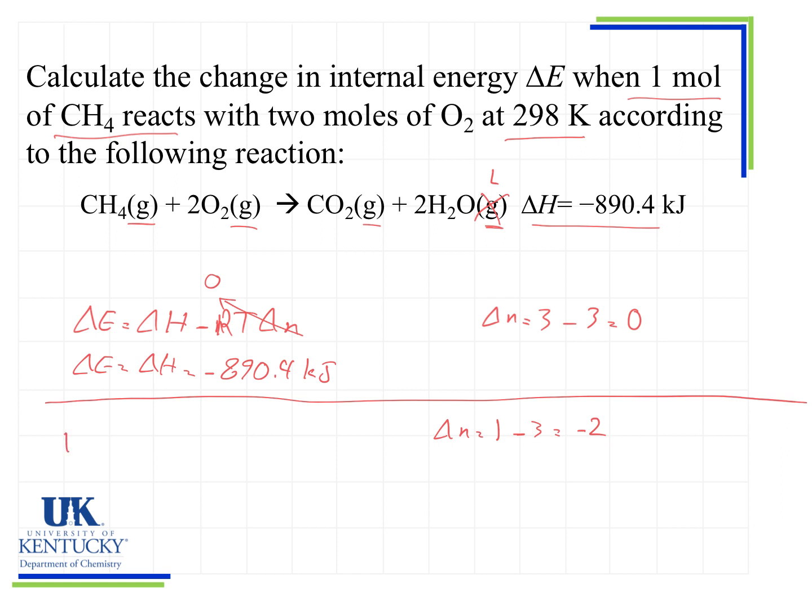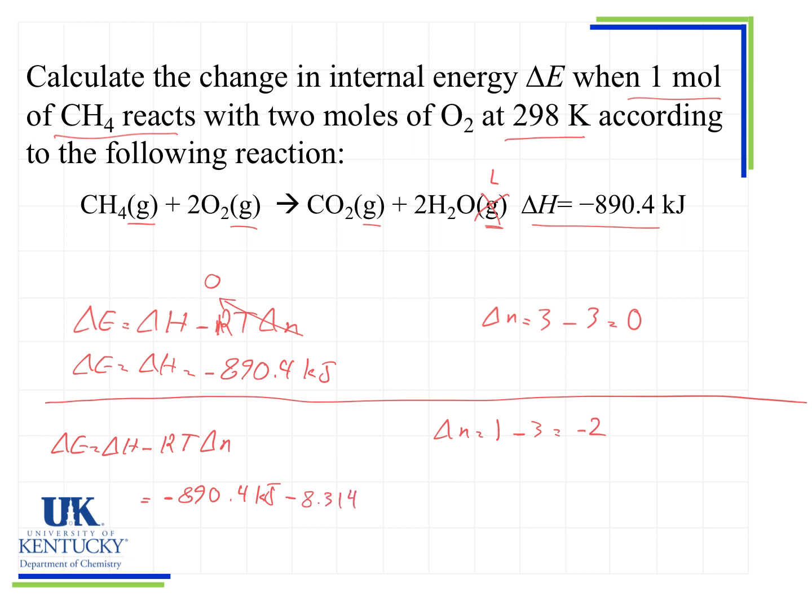So to find the delta E, it's delta H minus RT delta N. Okay, so I write it here. Delta H is negative 890.4 kilojoule minus R. For R, we have different values. You have to find the right number, and you have to check the unit.